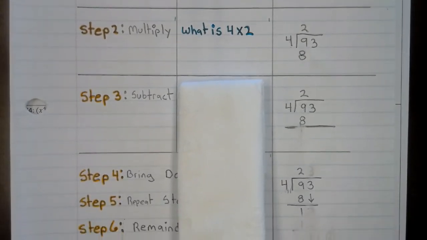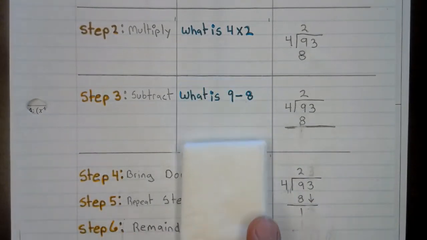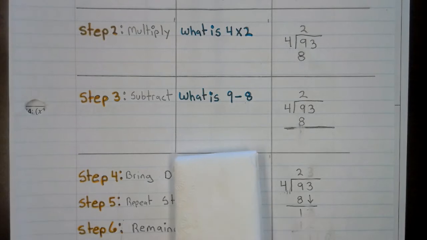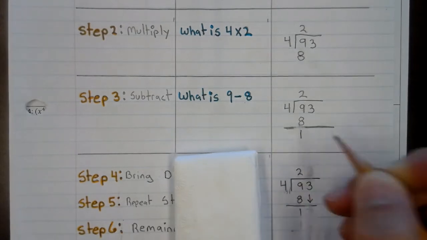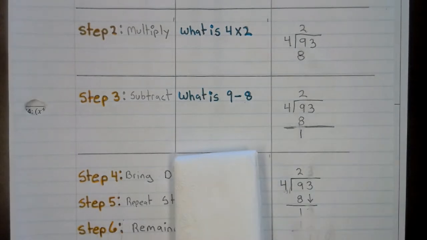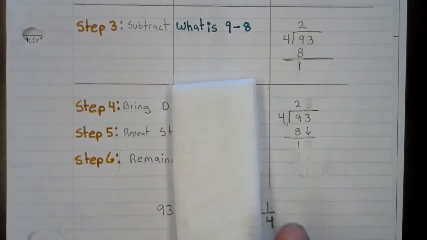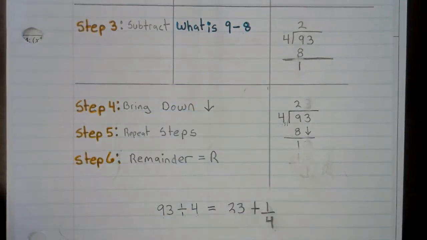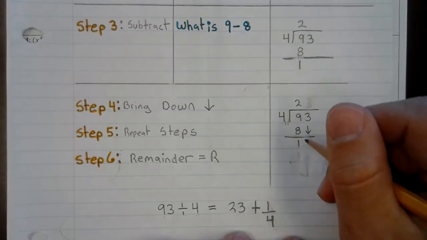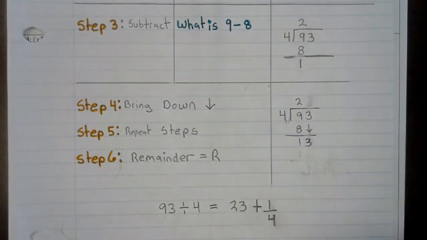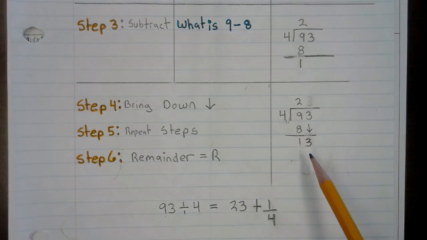Step 3, subtract. What is 9 minus 8? That is 1. Step 4, we bring down the 3. And then we repeat the steps. How many times does 4 go into 13?